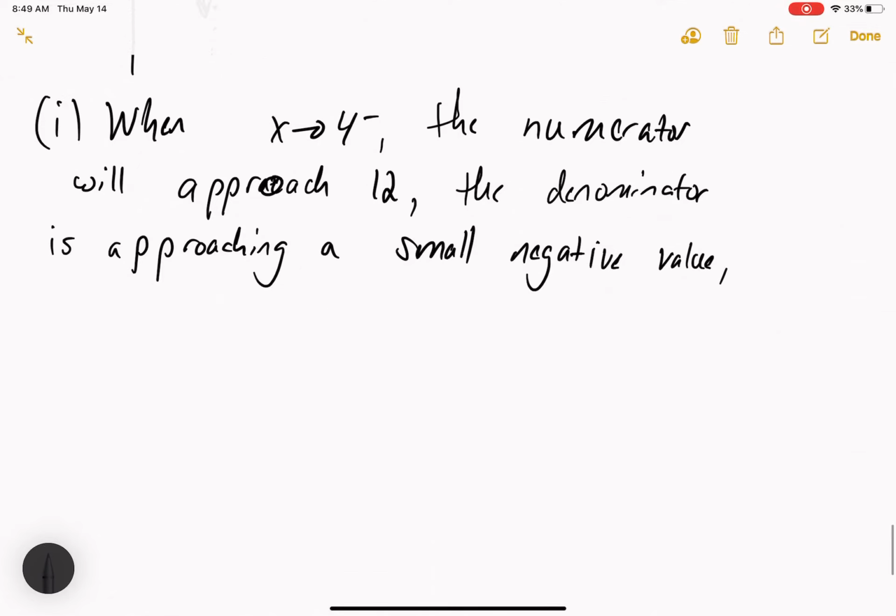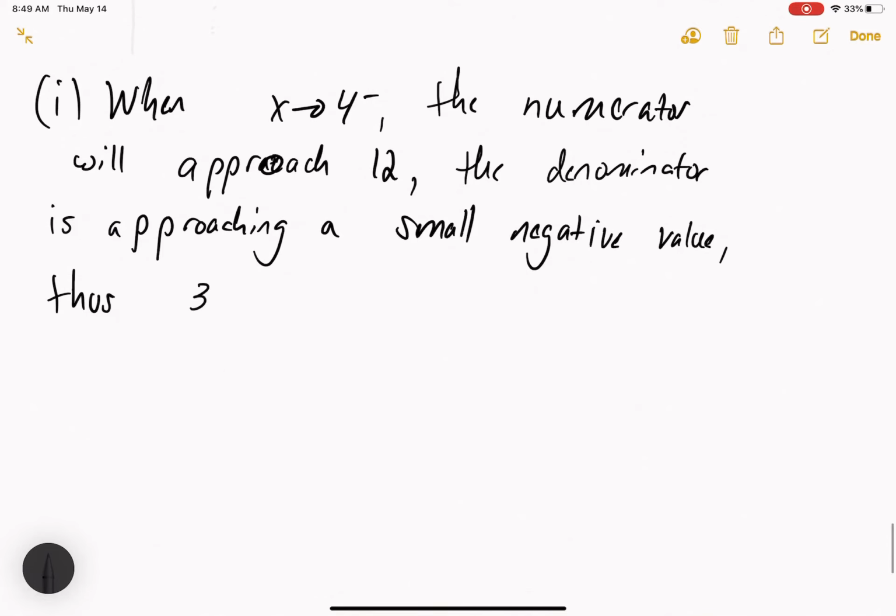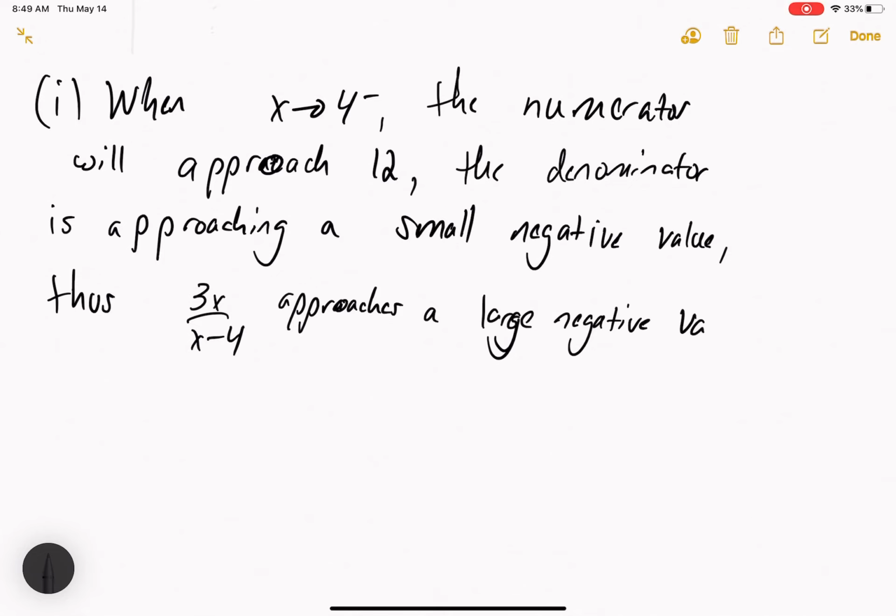So the denominator will be approaching a small negative value. And because of that, what happens when we divide by a small negative value, we get 3x over x minus 4 approaches a large negative value. So what this means is that the limit as x goes to 4 from the left of 3x over x minus 4 is equal to negative infinity.